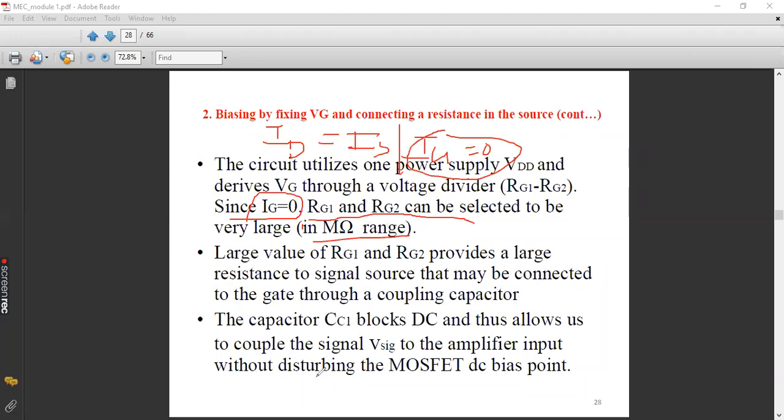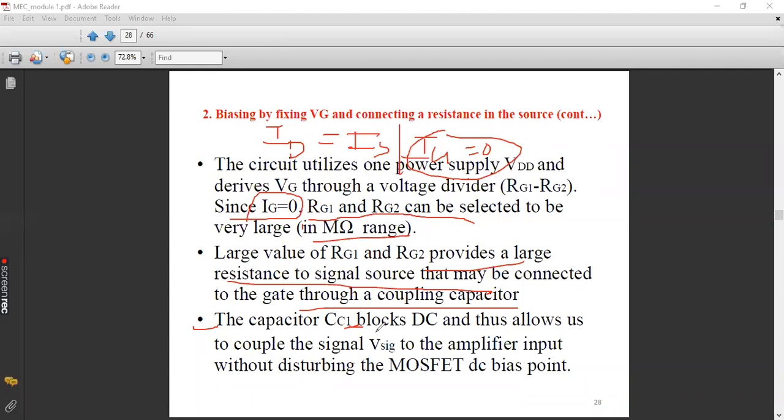That will provide a large resistance to the signal source that may be connected to the gate through a coupling capacitor. This already I have explained, the requirement of CC1. So whenever you are designing a biasing circuit, you have to design RG1, RG2, RS. Because RS is going to determine the slope of the DC load line and thereby fixing the Q point.